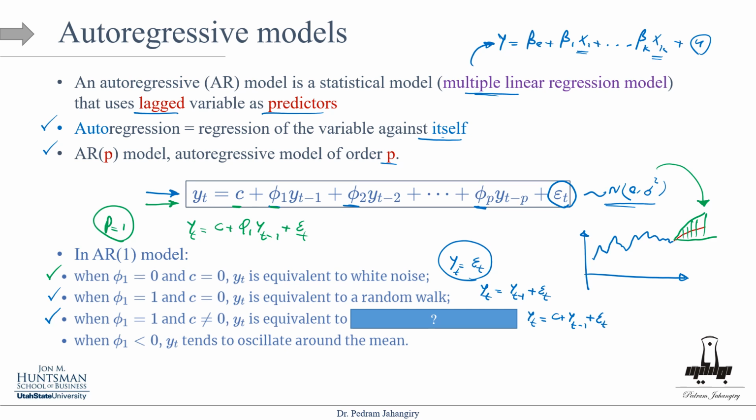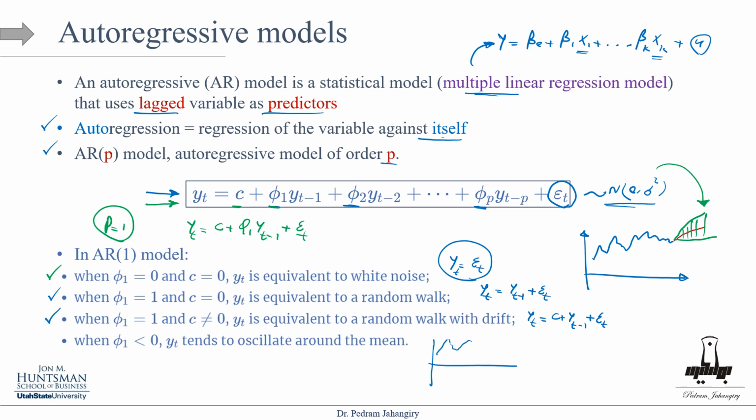And then finally, generally speaking, we have phi less than 0. We say if phi is less than 0, then your yt is going to oscillate around the mean. So we have something like this. Imagine you have a time series, and this is the mean, and you're going to see why. I don't want to make it super seasonal.